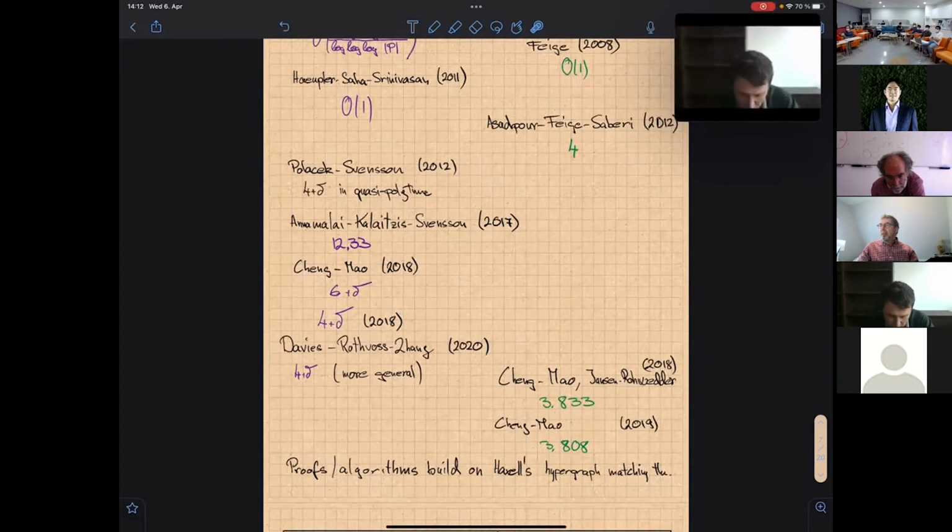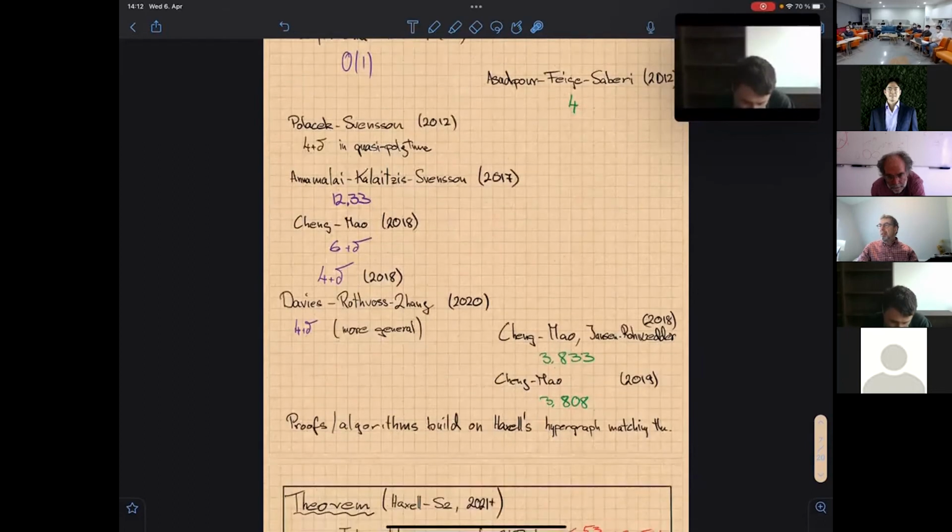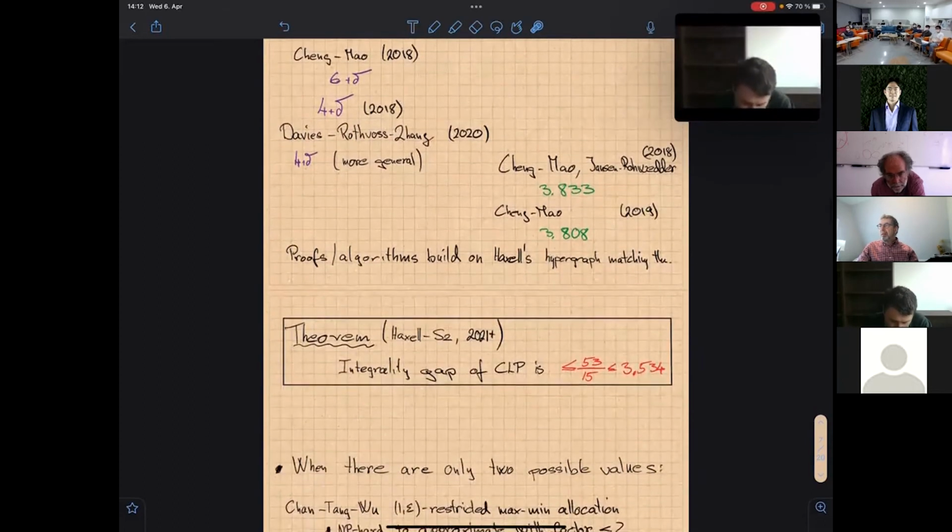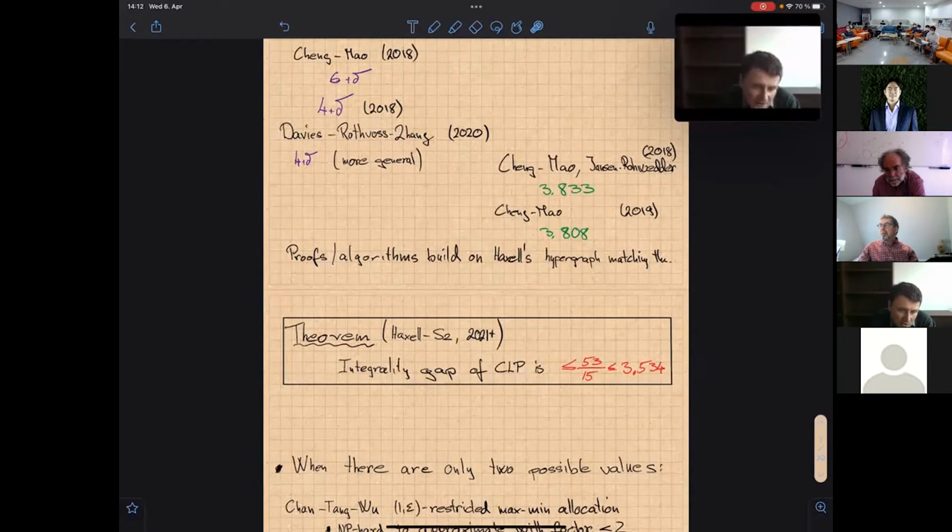And what we do is we improve this integrality gap using a different technique, which is not that unexpected once we are using the hypergraph matching theorems, but it's surprising how much better it does than the combinatorial ones.